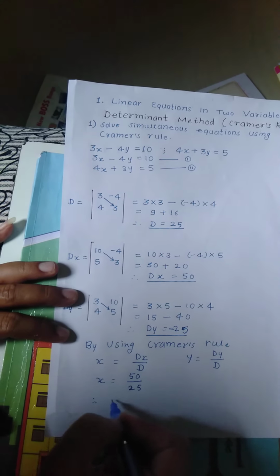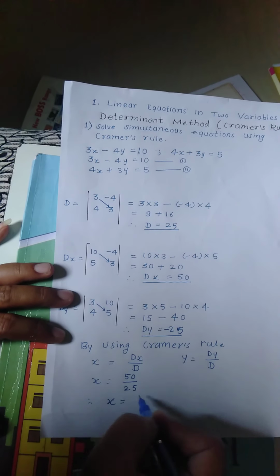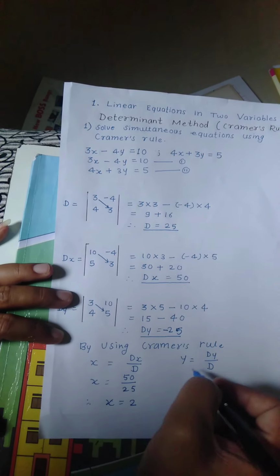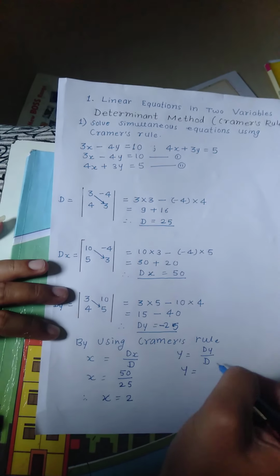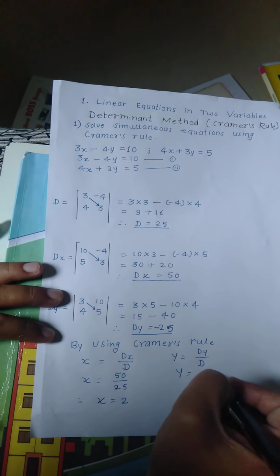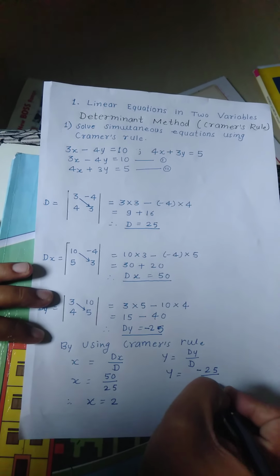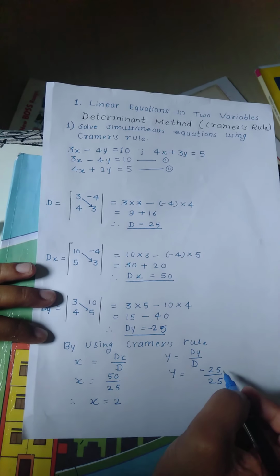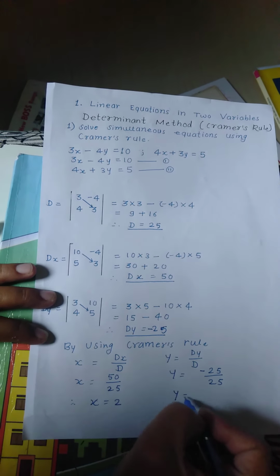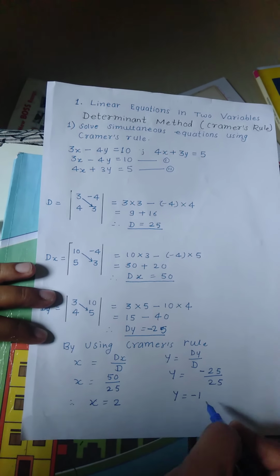So here we get x is equal to 2. y is equal to Dy, which means minus 25, D is 25, 25 ones are 25, so the value of y is equal to negative 1.